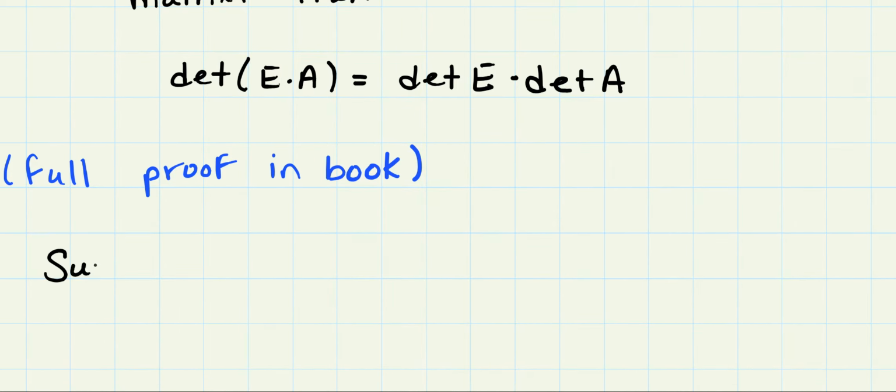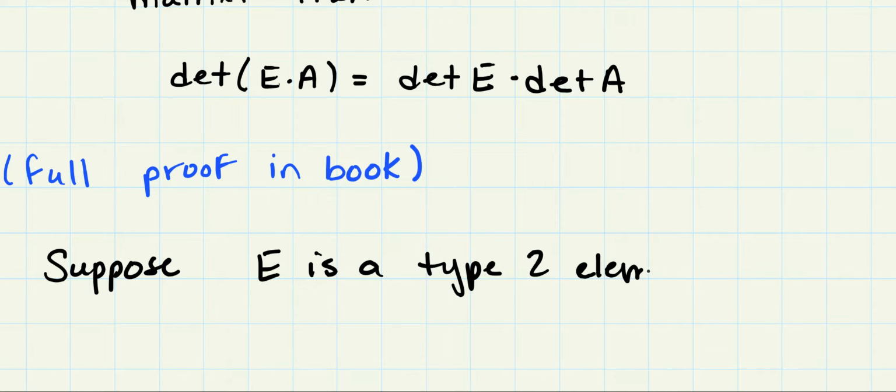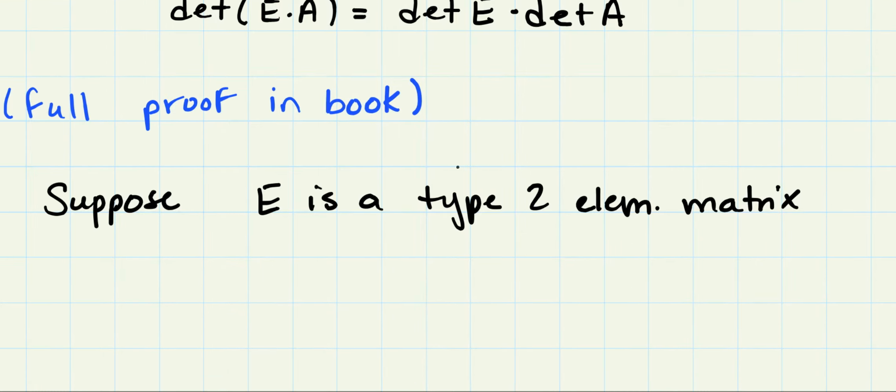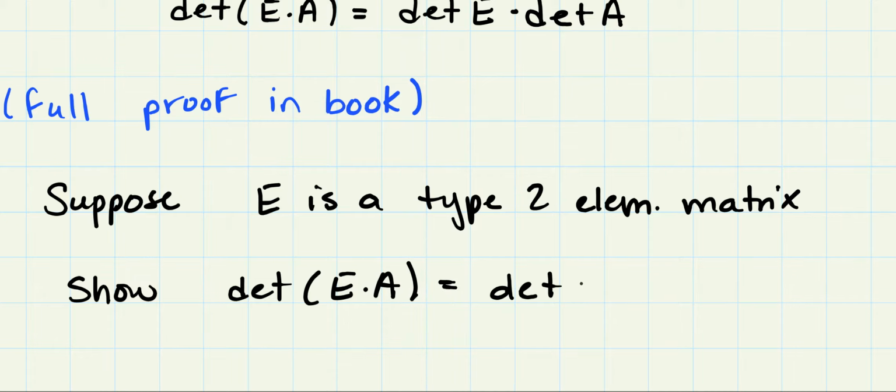So suppose E is a type 2 elementary matrix. Well, we want to show that the determinant of E times A is equal to the determinant of E times the determinant of A. Now, since E is a type 2 elementary matrix, we know that we've multiplied one of those rows in the n by n identity matrix by some non-zero scalar, let's say alpha.